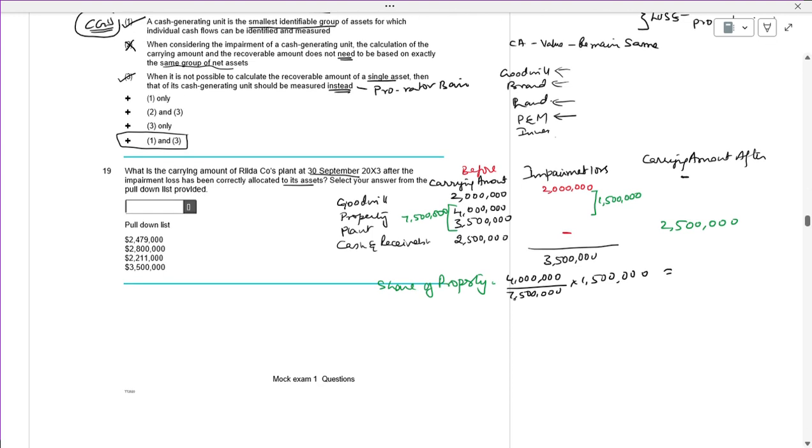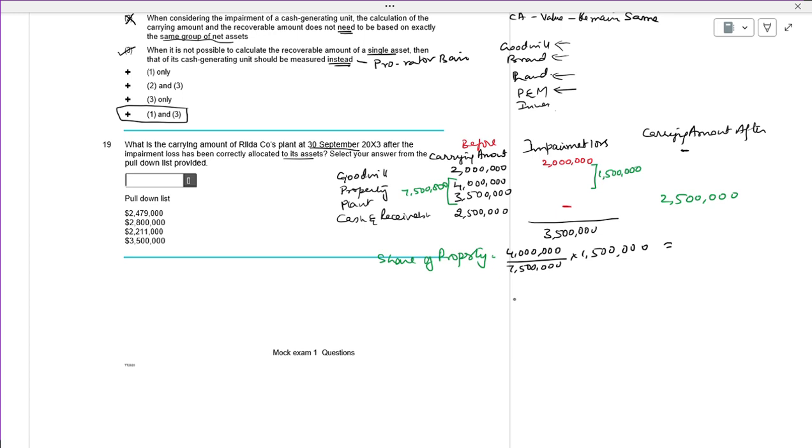How much will you get? 0.8. And for the plant, 3.5 divided by 7.5 times 1.5. How much will you get?